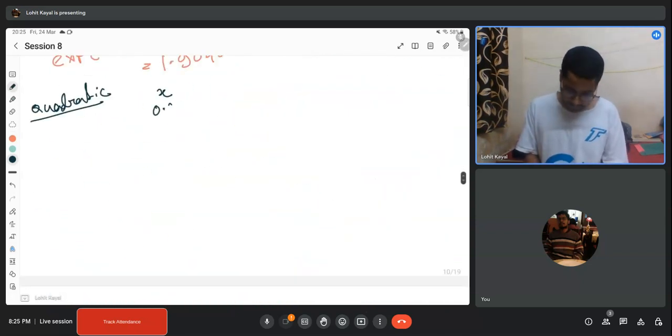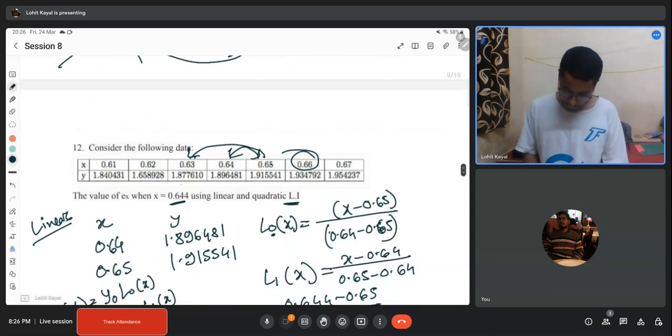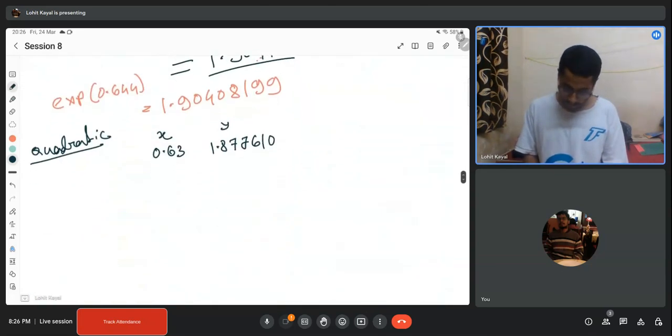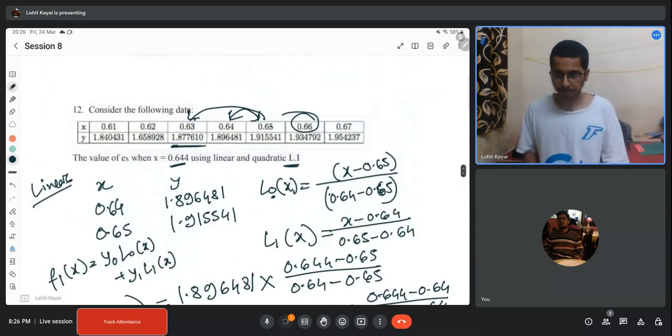So at 0.63, the value is 1.877610. I am getting this from the table, and I have already written the values at 0.64 and 0.65.